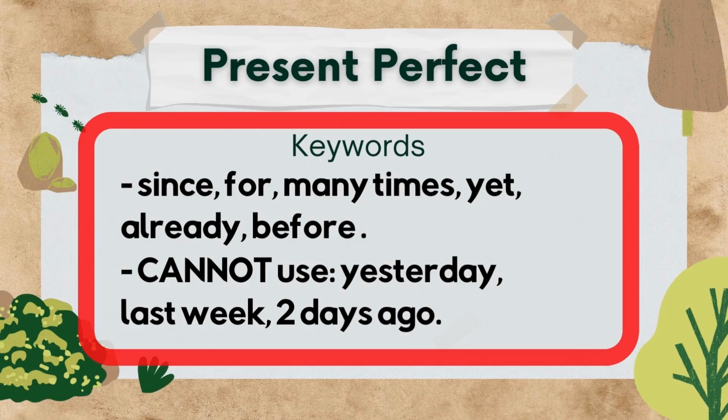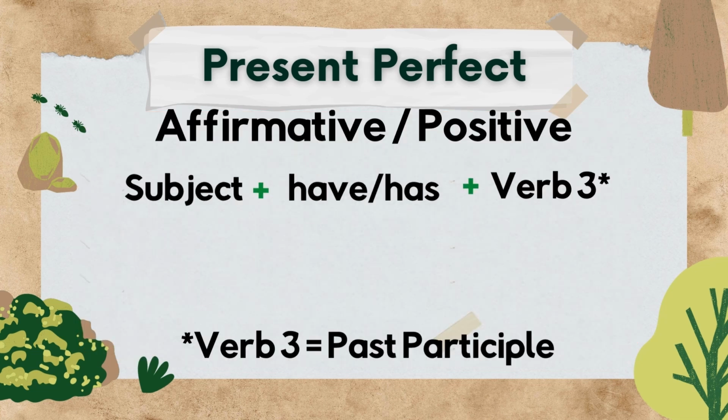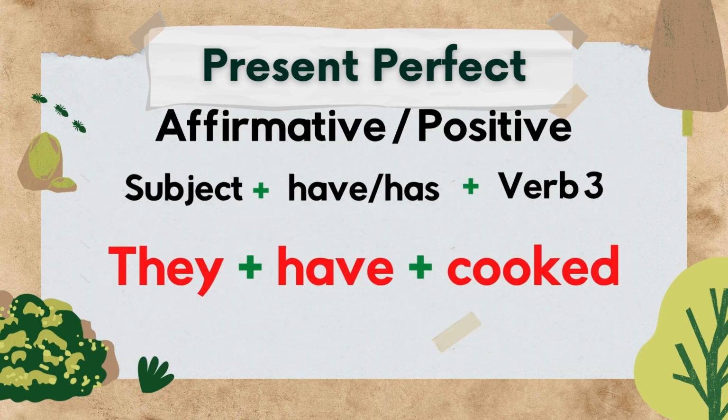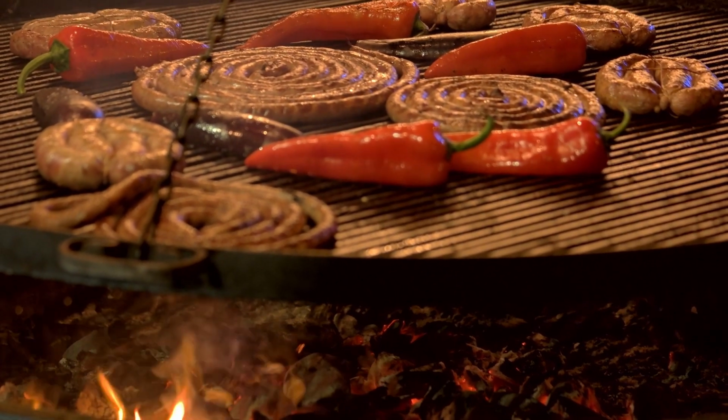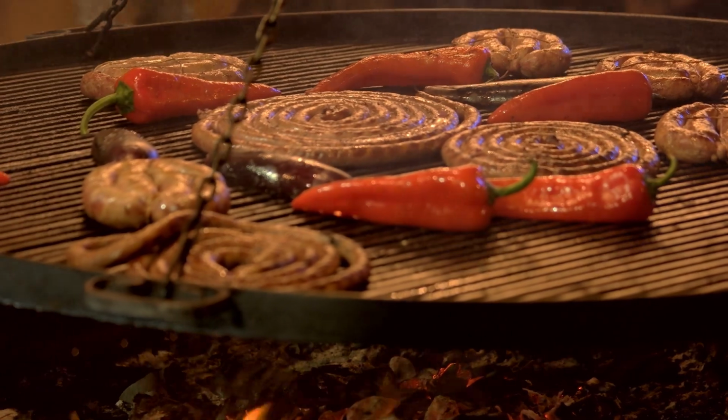Some of the key words are since, for, many times, yet, already, before. We form the present perfect tense in the positive with subject plus have or has plus verb 3, which is also known as the past participle, like, they have cooked dinner already.